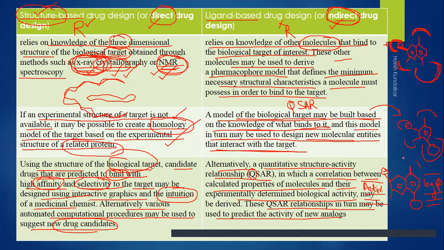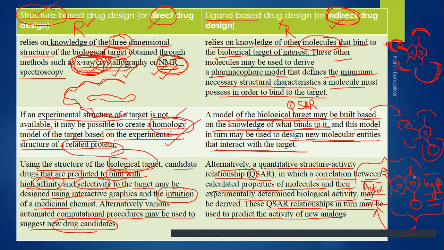So in SAR, we were talking essentially only about the effect of substituents on activity. But in QSAR, we'll first check the effect of substituents on the log P, and then we'll try to correlate it to the effect on activity. Okay, so understand this once again.